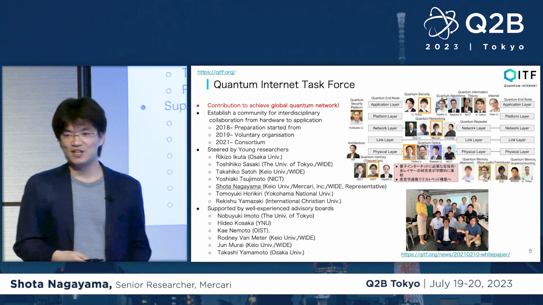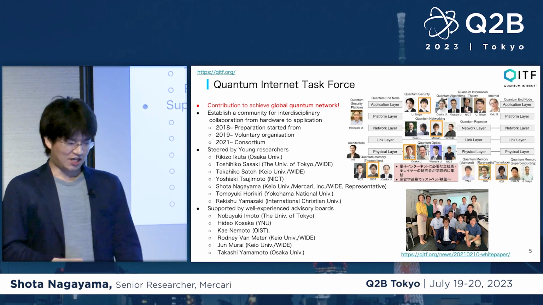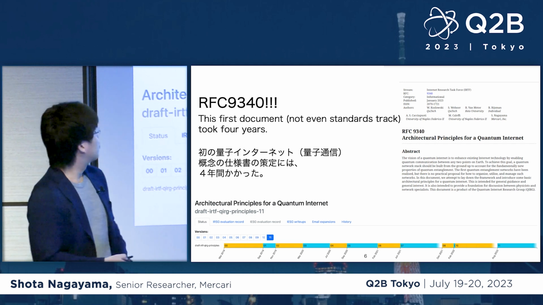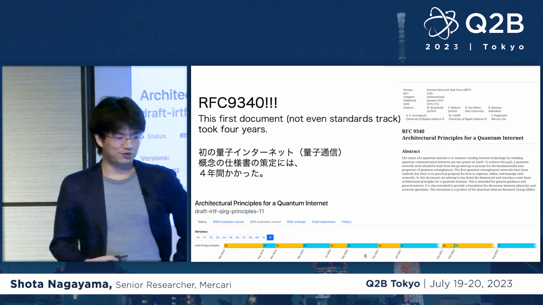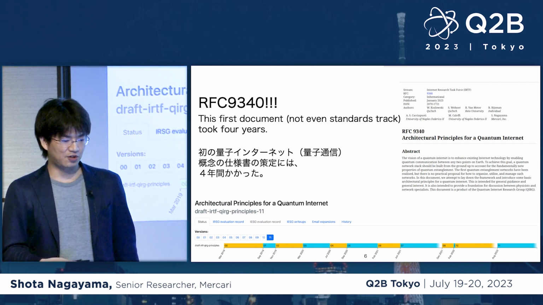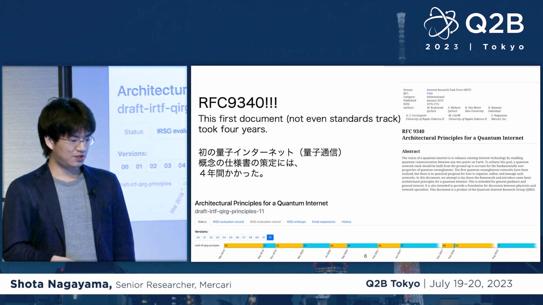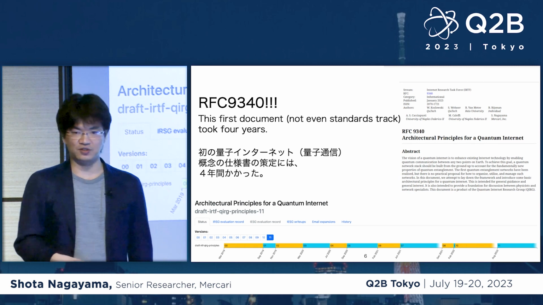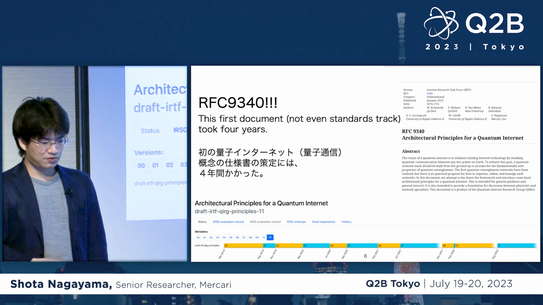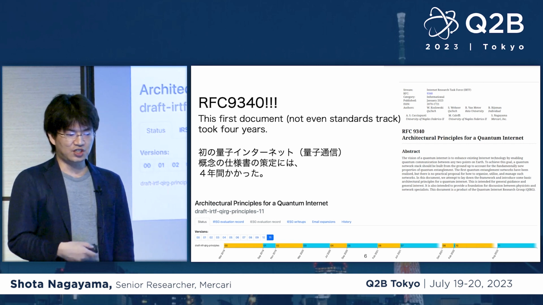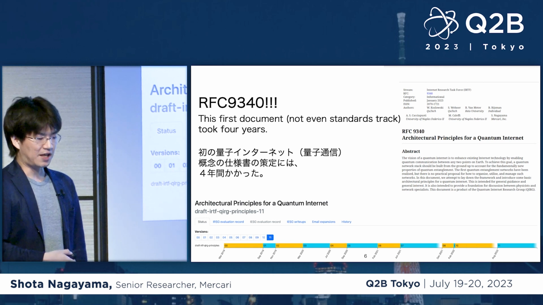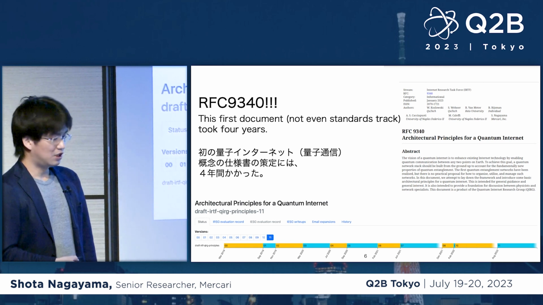However, each of them is quite difficult to understand. So today I would like to focus on an overview of the quantum internet. RFC 9340 is quite interesting. The IETF sets the standards for the internet, and the IRTF is the Internet Research Task Force, which focuses on research on the internet. A quantum internet related document was approved for the first time.